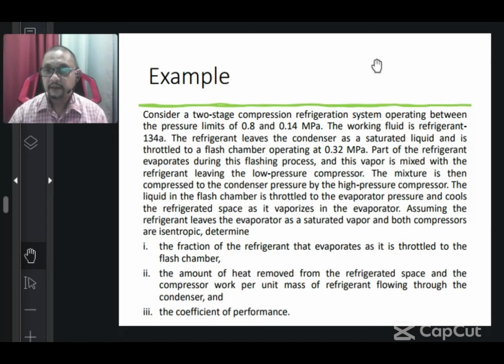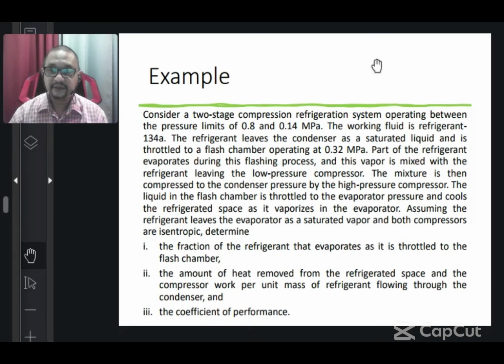refrigerant system. Part of the refrigerant evaporates during this flashing process, and this vapor is mixed with the refrigerant leaving the low pressure compressor. The mixture is then compressed to the condenser pressure by the high pressure compressor. The liquid in the flash chamber is throttled to the evaporator pressure and cools the refrigerated space as it is vaporized in the evaporator.